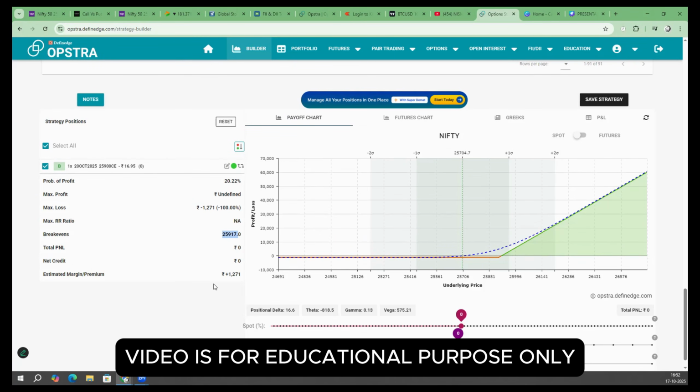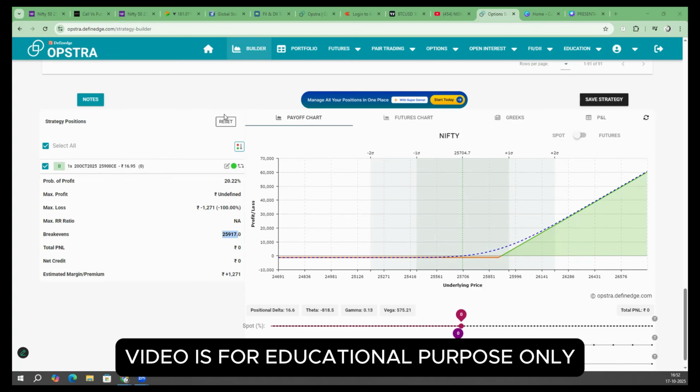If the market goes above 25,917, only then will your premium remain the same, and above 917 you will make unlimited profit. If the market doesn't go above 25,917 or stays below 25,900, you will lose all the premium you paid. It is simple, right?